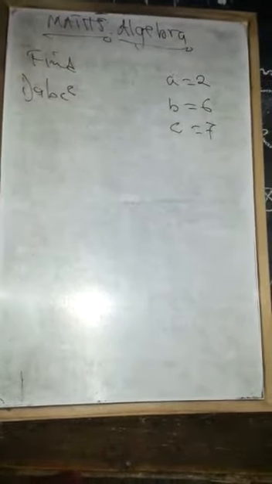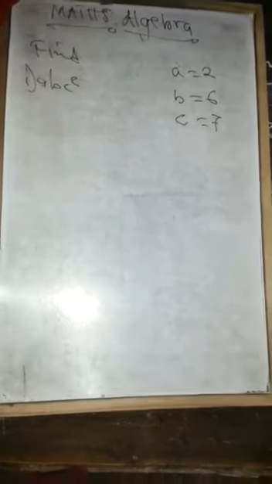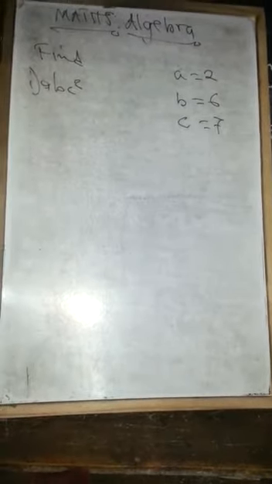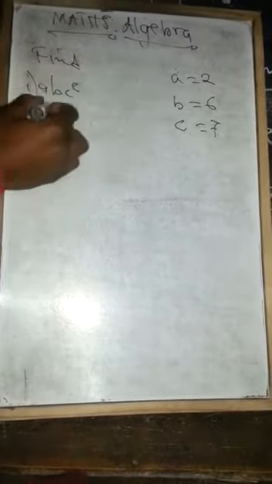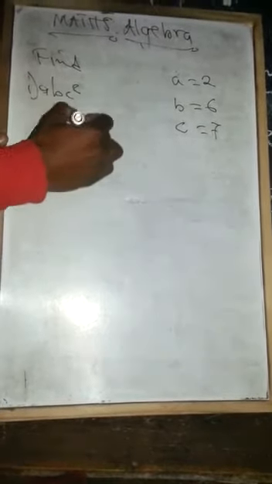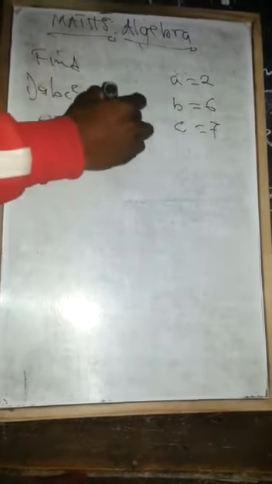I'm not saying you copy this, I'm just explaining. For as long as two or three letters are attached together, in between there is multiplication. You can use brackets: the value of A is 2, put this in brackets; open the brackets, you have 6, close; open the brackets, you have 7, close, and the power 2.